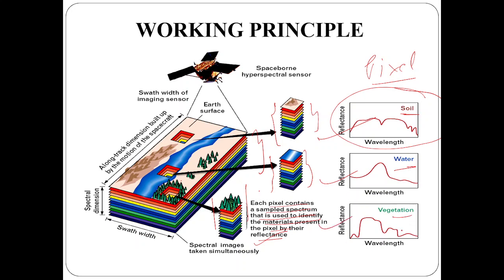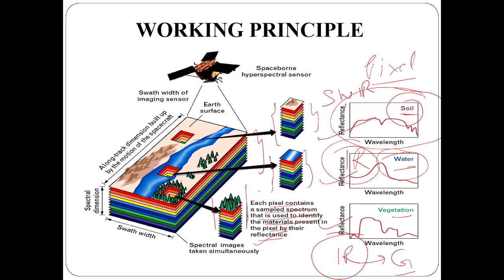As we know, vegetation reflects very well in the infrared region, and some part is reflected in the green region. Water is reflected very nicely in the infrared region, and soil is reflected very well in the short wave infrared region, that is SWIR. So due to different wavelength bands, we can capture this information very distinctively.